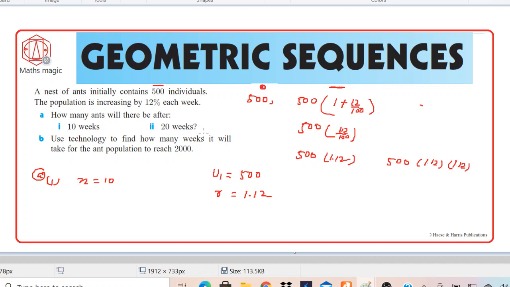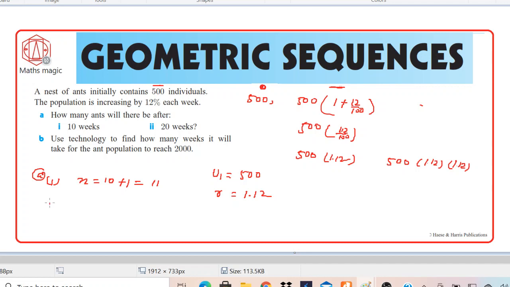So if you are looking for after 10 weeks, that means your n should be one more than this. So n is 11 over here.